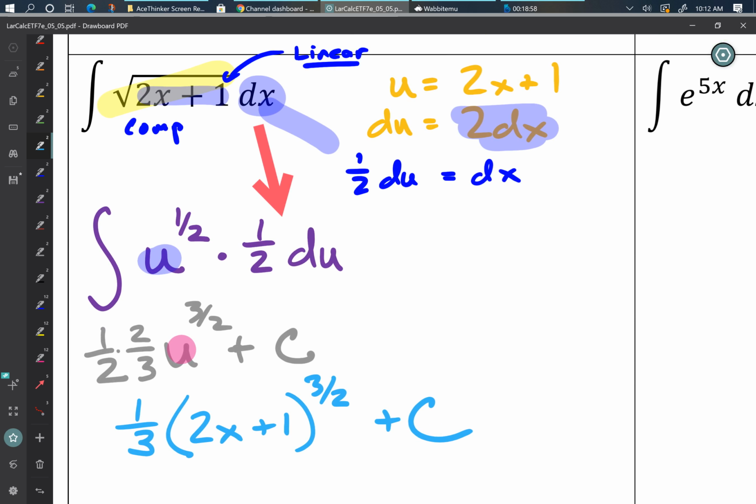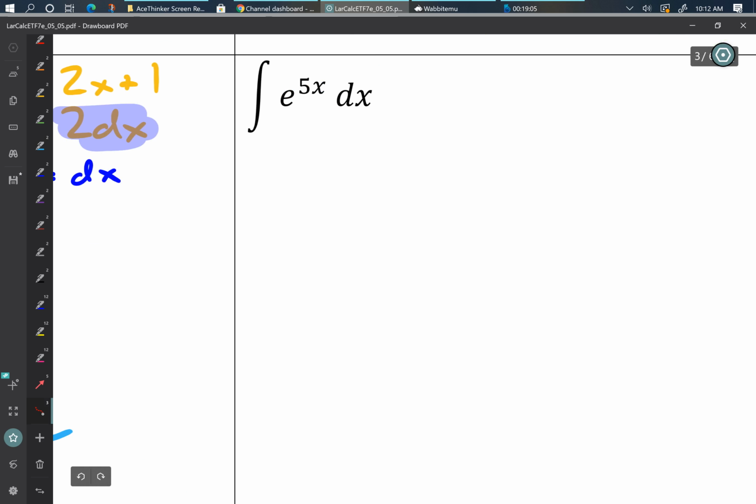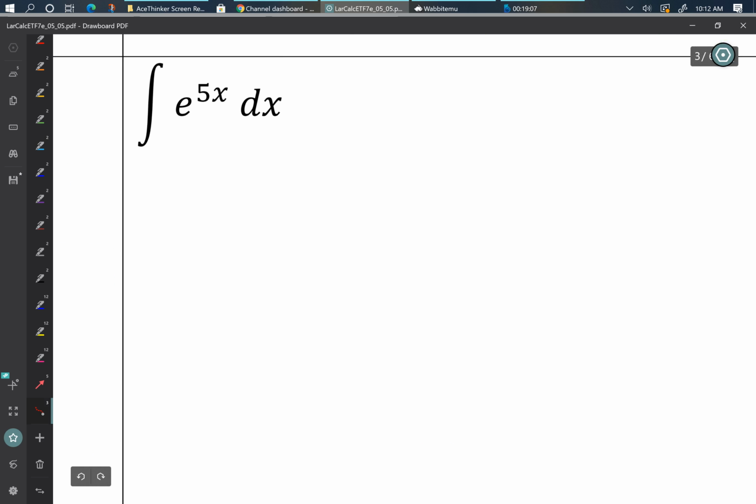Right? Now, this same issue, the same concern with this inside linear is right here too. Do you see it? Okay. The e to the 5x is the composition here. This is composite, because it's not just e to the x, it's e to the 5 times x as you do a function.